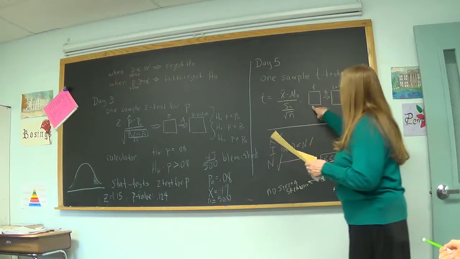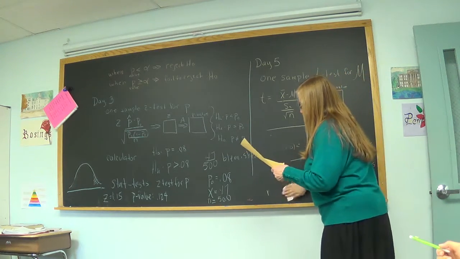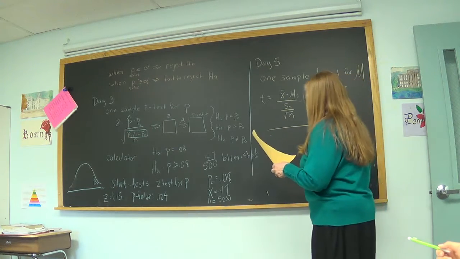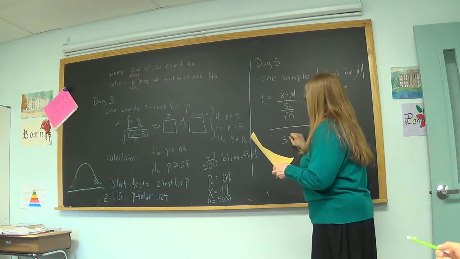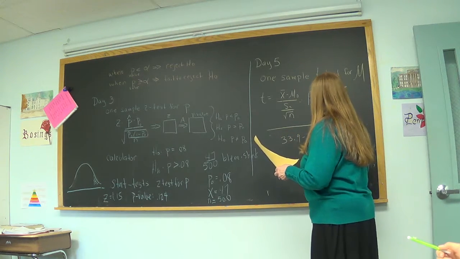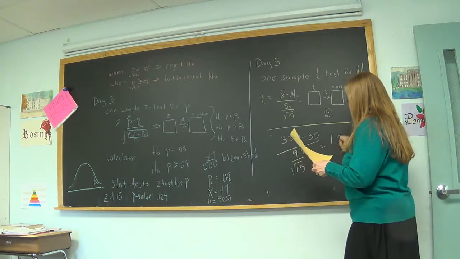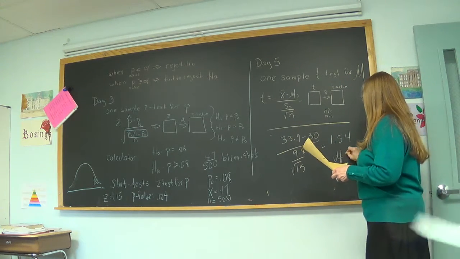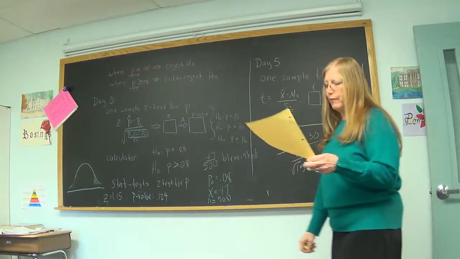When we put the numbers in for this particular problem, we have 33.9 minus 30 over 9.8 over the square root of 15, which gives us 1.54. Our degrees of freedom is 14, always one less than the number in the sample, which was 15.